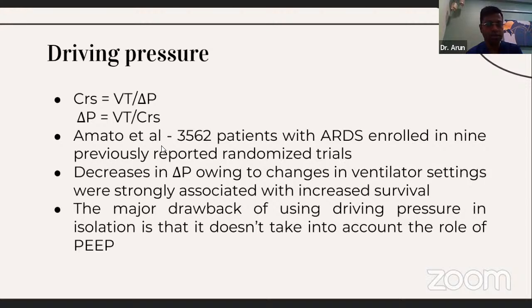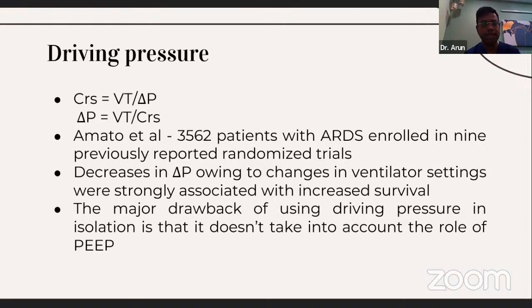Amato et al. studied 9 RCTs, and among 3,500 odd patients previously enrolled and treated for ARDS, they observed that a decrease in driving pressure owing to changes in ventilator settings was strongly associated with increased survival. The recommendation is to target less than 15.